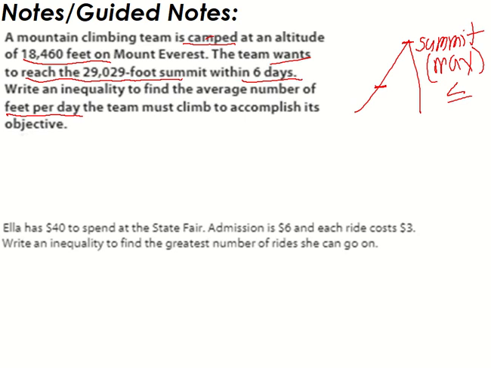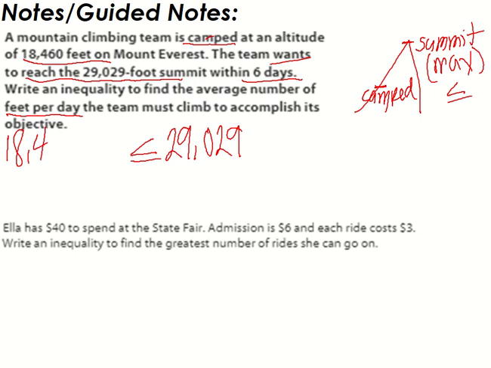Okay, so this is where they're camped, and that's where they want to get to. So that's my little picture for us. So we're going to use a less than or equal to symbol. They have to stay less than or equal to the 29,029 because they can't go higher than the summit, right? We know they started at 18,460 because that's where they're camping.